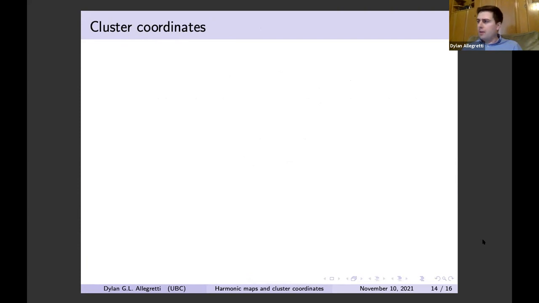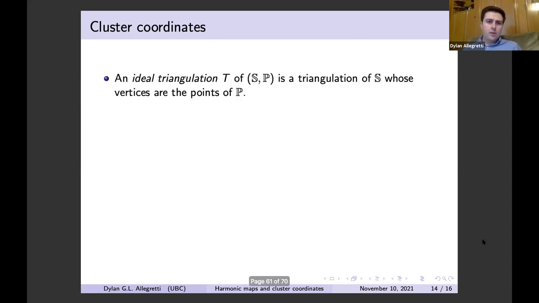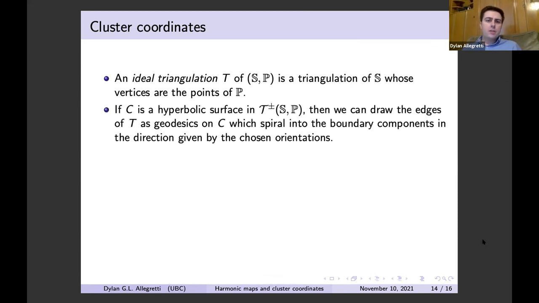So as usual, when doing cluster algebras from surfaces, we define an ideal triangulation to be a triangulation of S whose vertices are the points of P. So I should say precisely the points of P. There are no additional vertices of the triangulation. And if we're given such a thing, so let's let T be an ideal triangulation of this punctured surface, then we can do the following.